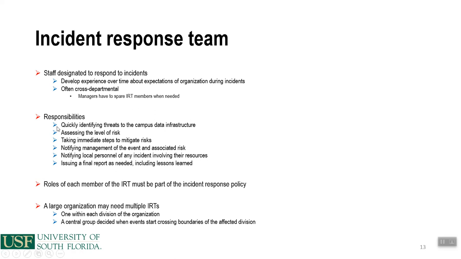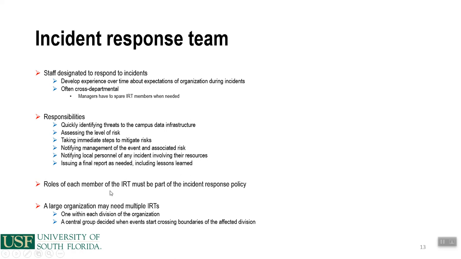The responsibilities include quickly identifying threats to campus data infrastructure, assessing the level of risk, taking immediate steps to mitigate risk, notifying management of the event and associated risk, notifying local personnel of any incident involving their resources, and issuing a final report as needed, including lessons learned.